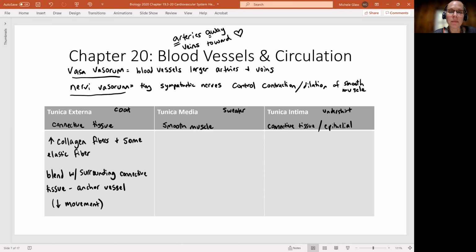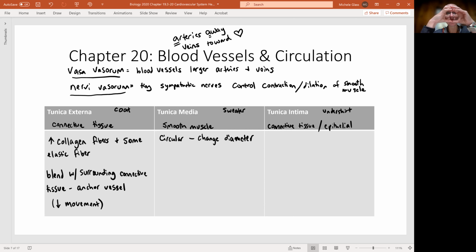Taking a look at the tunica media, remember this is our smooth muscle layer. We're going to see that we have a circular layer of smooth muscle, and this is the layer that will actually change diameter, right? So when we contract that circular muscle, we're constricting or making that passageway smaller.